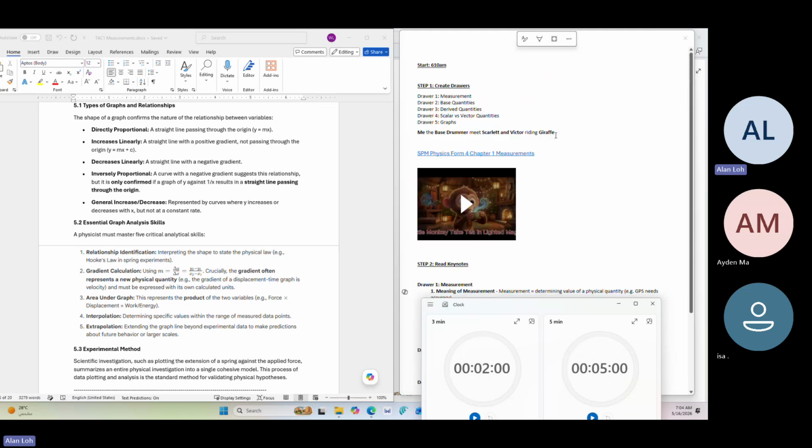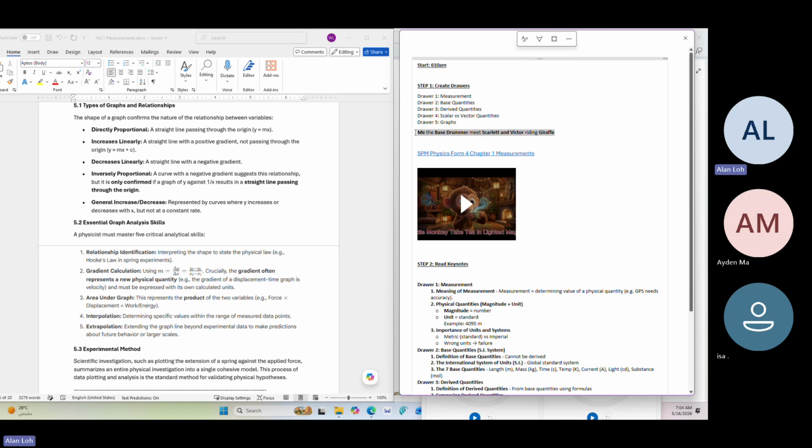First, you try to recall the main story first. The main story is you as a bass drummer and you met Scarlett and Victor, who is riding a giraffe. And that means that you have measurement, base quantity, derived quantity, scalar and vector quantities, and graph. Then from there, you can explain to them what is measurement, which is these 3 important key point concepts.